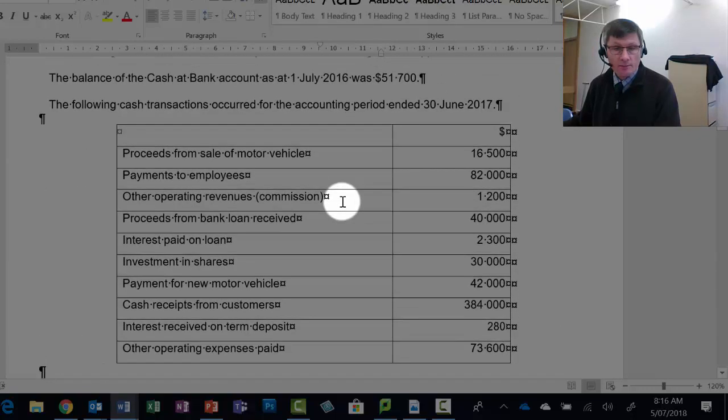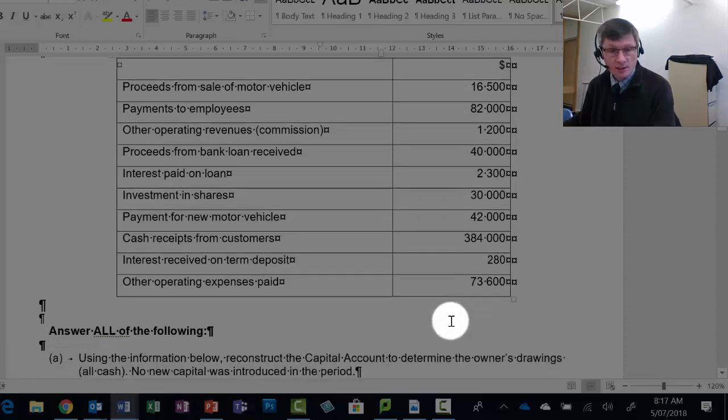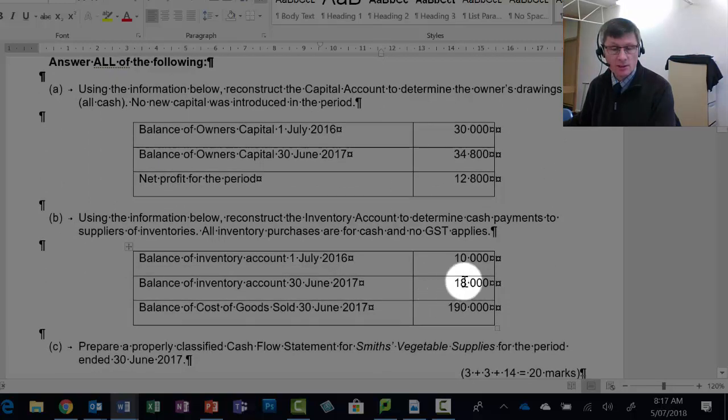So what I might do is post these items here onto the cash flow statement, and then I'll give you guidance about how to use these and to generate other cash items from the inventory account, which is from here, and the capital account there.